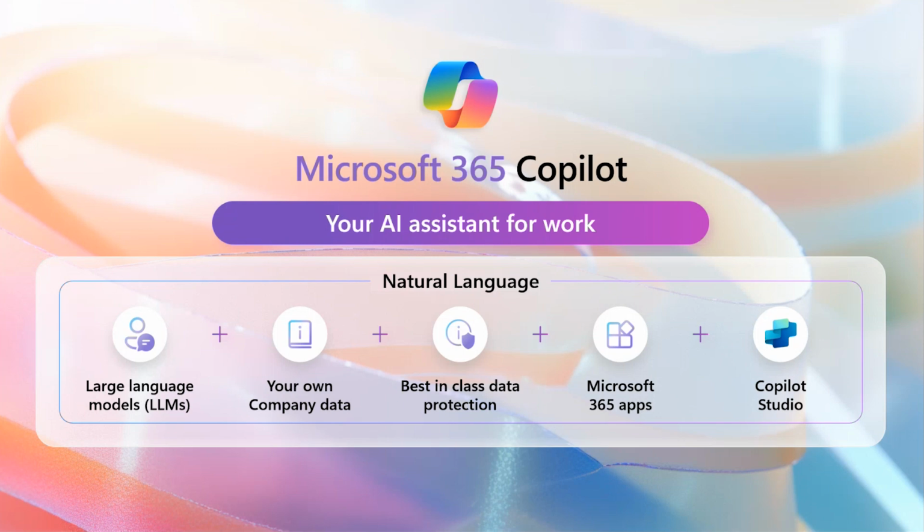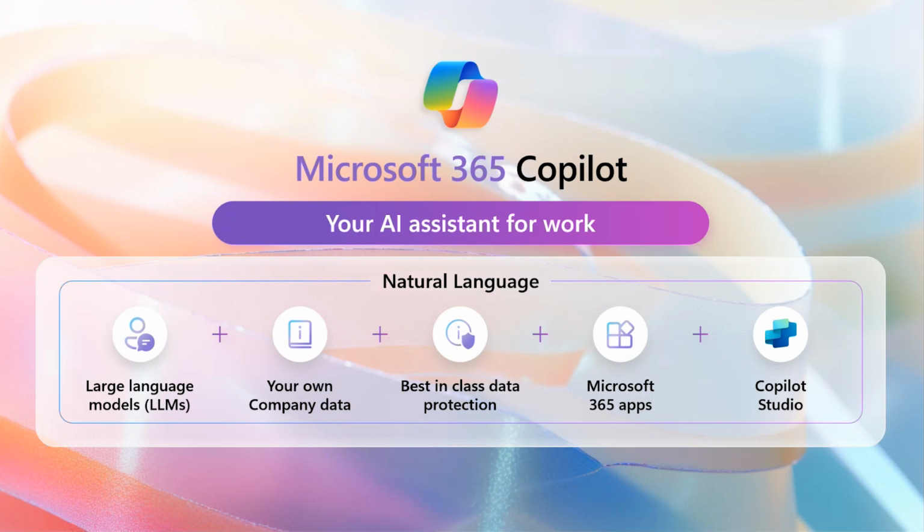So with Microsoft 365 Copilot, you have a powerful and reliable AI assistant for work, seamlessly integrated in all your data across different devices. It uses the latest language models, which is GPT-4 Turbo, and combines them with your web activity data, Microsoft Graph, daily apps like Word, Excel, PowerPoint, Outlook, Teams.